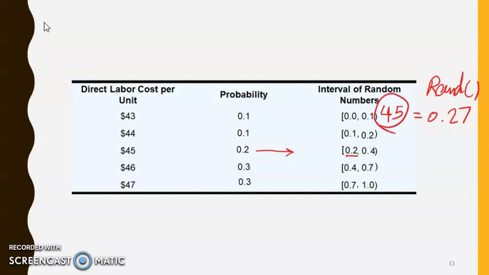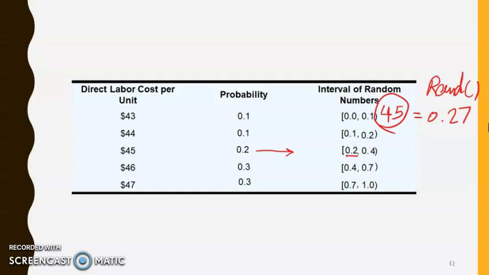So you just simulated direct labor cost and generated a discrete random number according to this table. You got 0.27, so now we get $45 for the year with the random number 0.27.